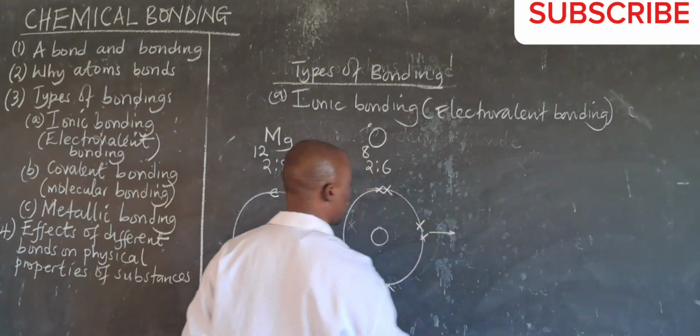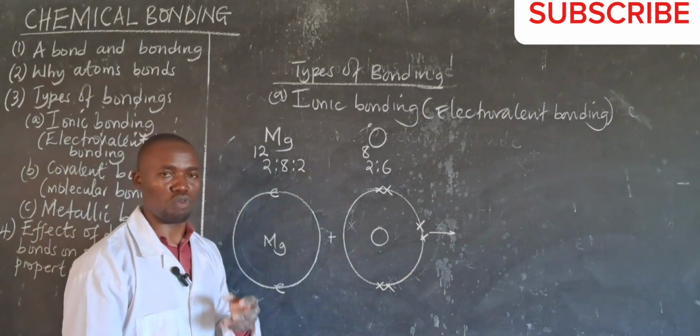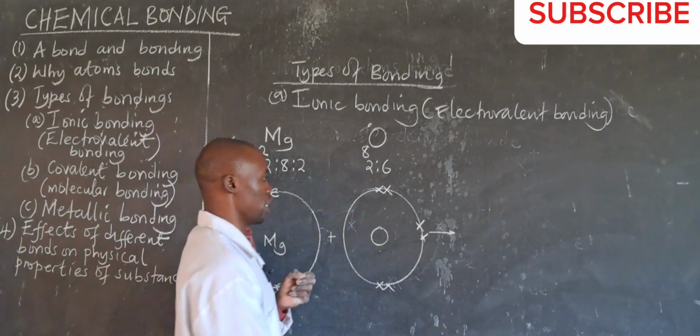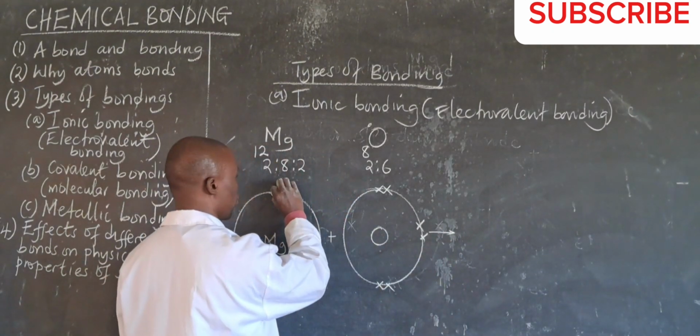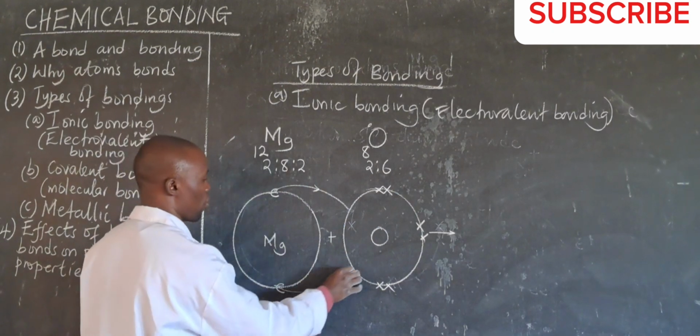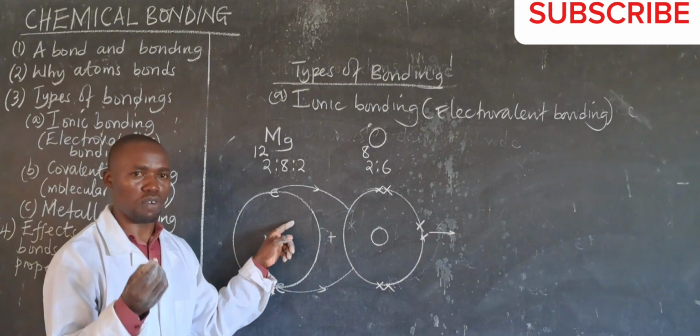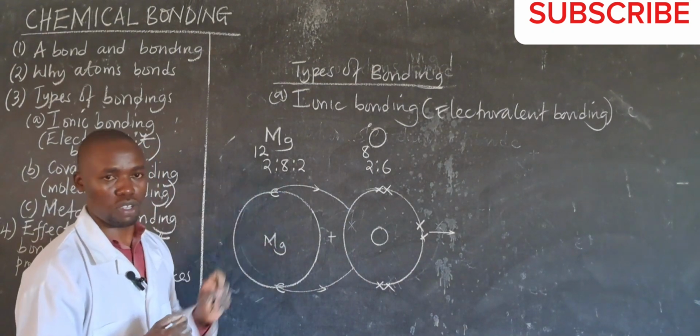In a chemical reaction, when magnesium bonds with oxygen, you form magnesium oxide. We are going to transfer both electrons of magnesium in the outermost shell. Remember, the immediate shell here will have 8 electrons, which are these 8 here.